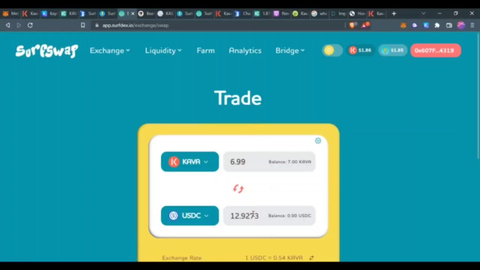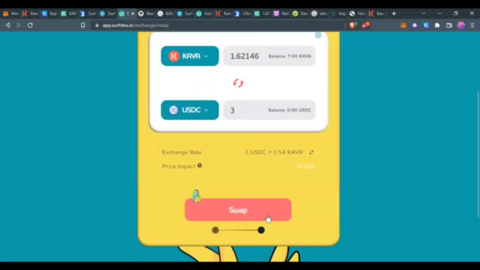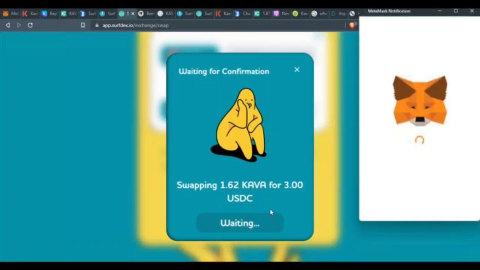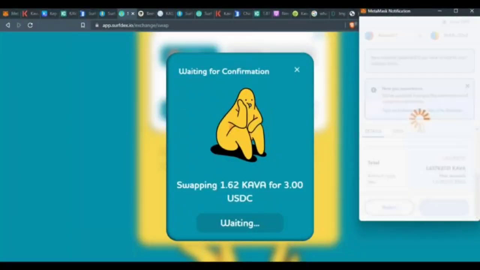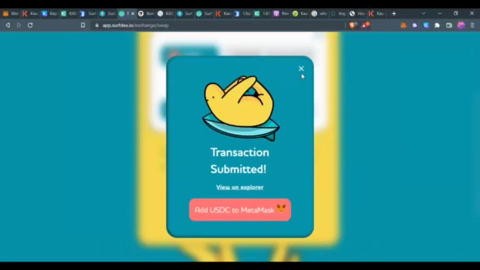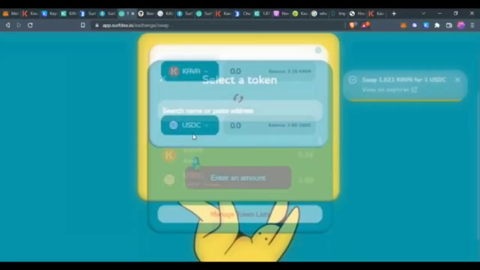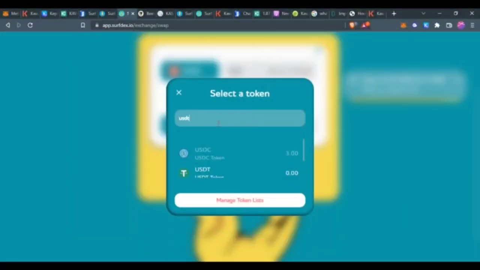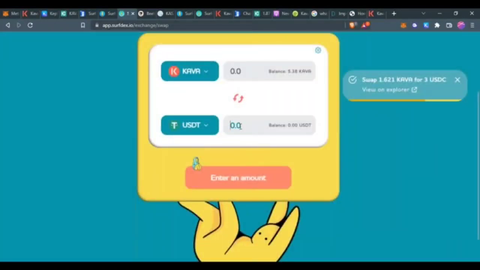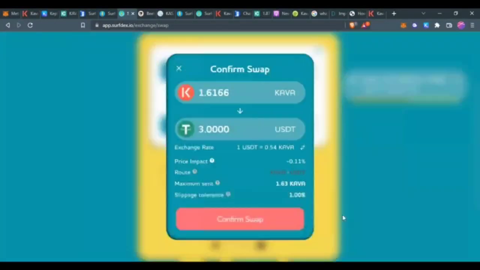So $3 each. Let's do that. Three. Let's get USDT. Let's do $3 there.